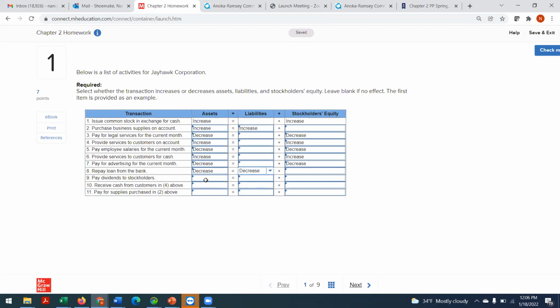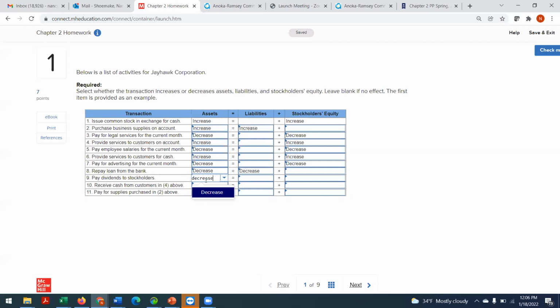When we pay dividends to stockholders, won't that also be like number 3 and number 5, except it's not an expense, it's a dividend, but won't it still reduce stockholders' equity? Yes.